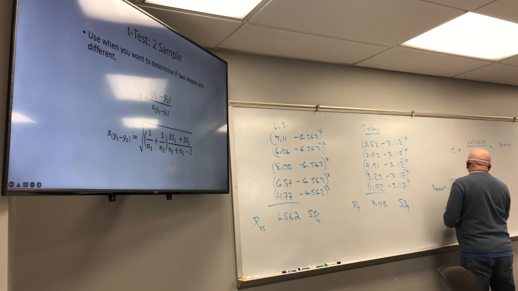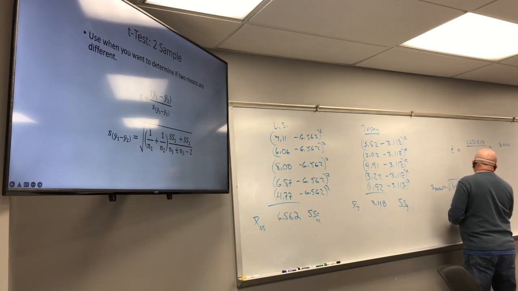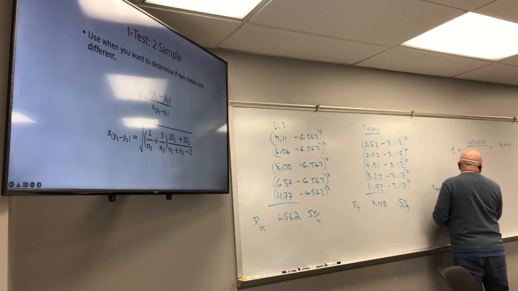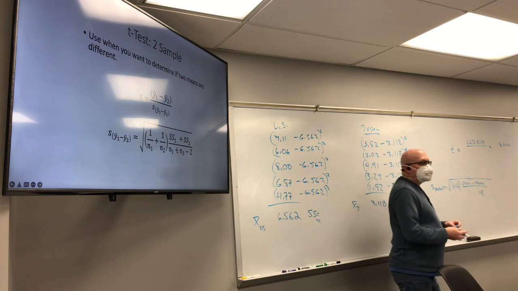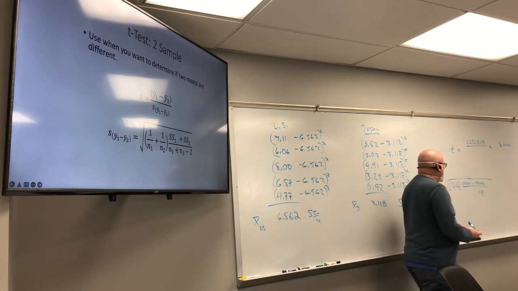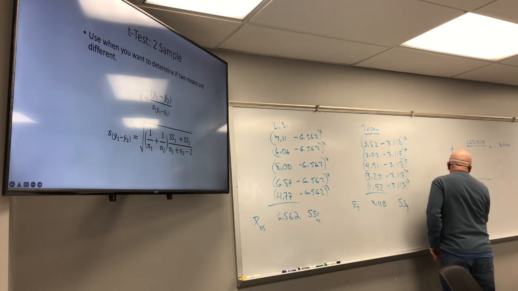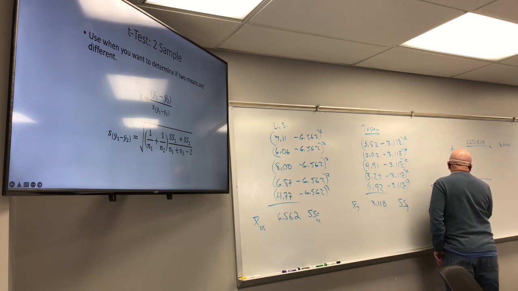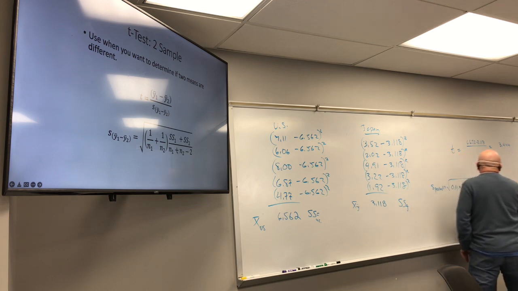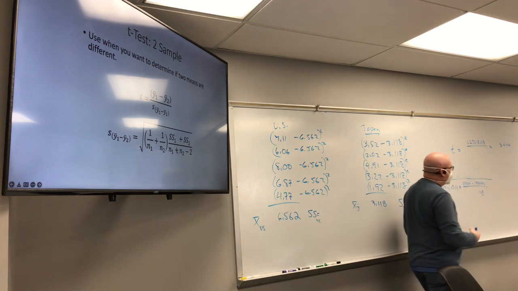So this is just 5 plus 5 minus 2, which would be 8 for the denominator. 1/5 is basically 20%, so 0.2. So this is 0.2 plus 0.2, so this is 0.4 times this whole thing, and then you take the square root of that.